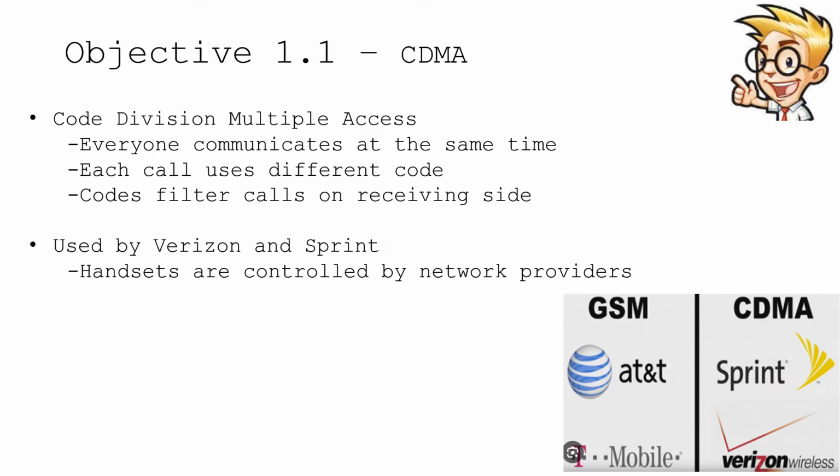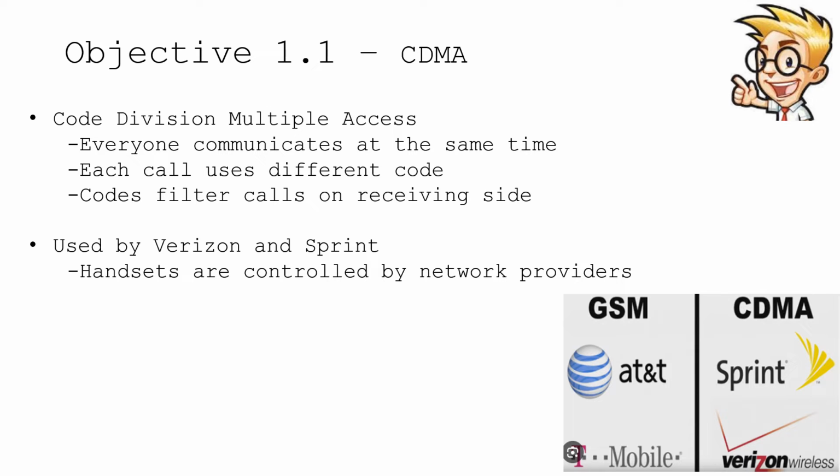CDMA is a code division multiple access. And as the name implies, you have to have multiple people communicating over this network. But as they were sending information, they were sending it with a particular code. Each call used a different code to be able to communicate, which meant that the handset that you were using could filter out codes that were important to your conversation, and you could focus on the code specific between you and the one that you're talking to.